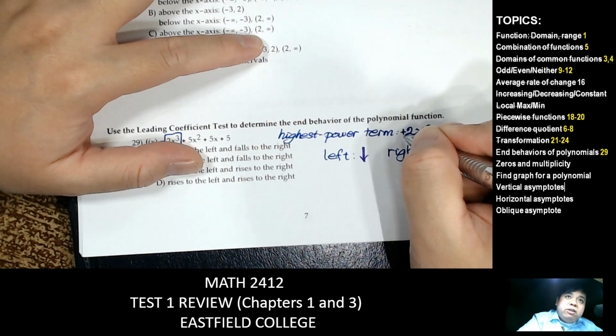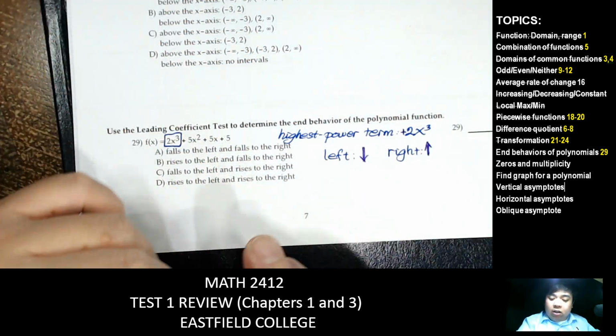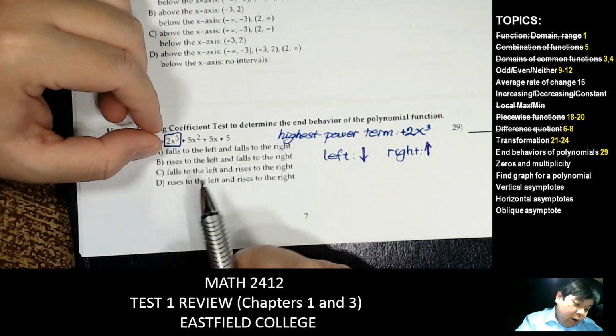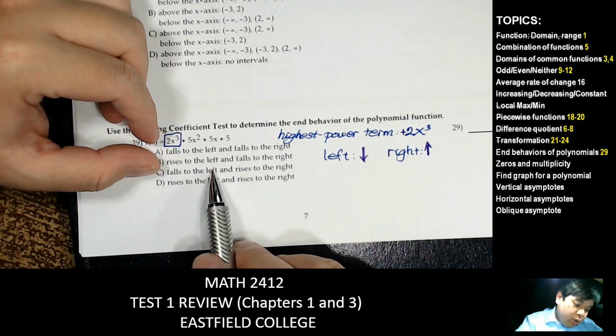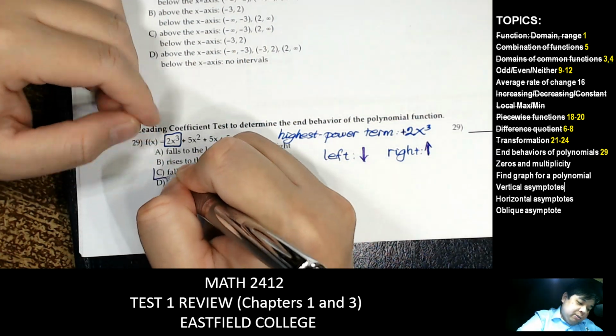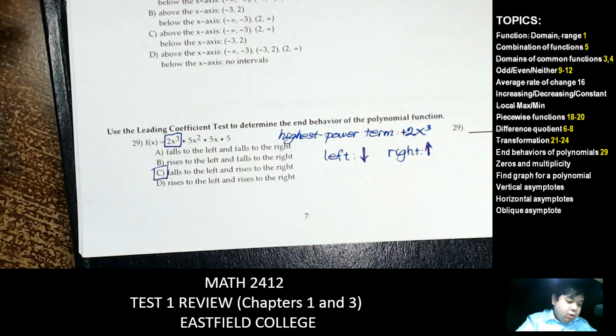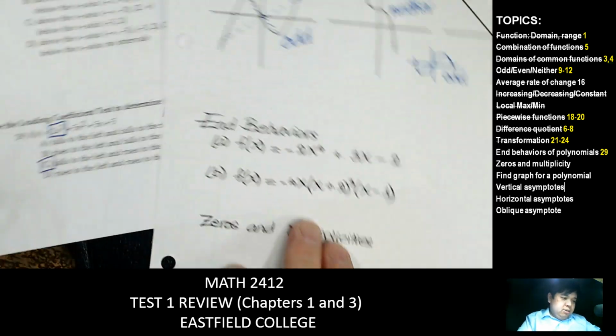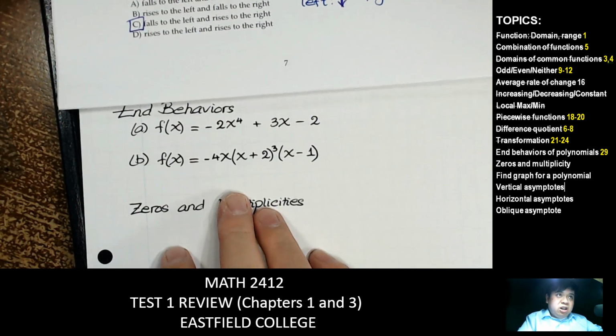So if it's positive, the right is up. If it's negative, the right end is down. So we look at this, we say that it falls to the left and rises to the right. So just like that. I have a couple more examples here because I think one is not enough.